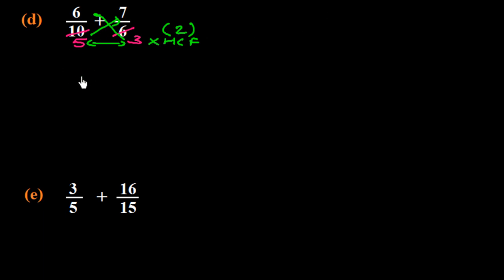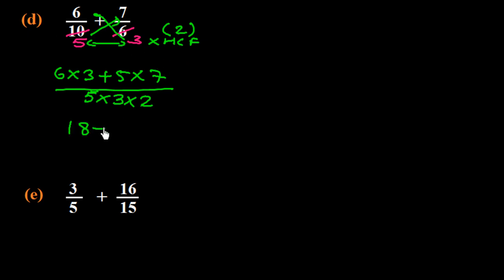So I tried to solve this. 6 into 3 plus 5 into 7 over 5 into 3 into 2. 2 is the highest common factor of the denominators 10 and 6. We get here 18 plus 35 over 5 3 is 15, 15 2 is 30, and finally we add up 35 plus 18, which is 53 over 30.